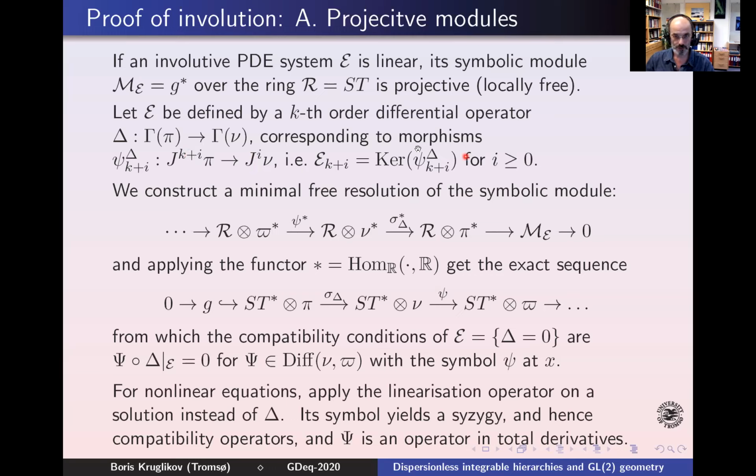We usually use this notation from the book of three authors. Now we have the symbolic module M_E of the equation, and we construct a free resolution. I could take a minimal one, that's not necessary actually, not important, take a free resolution.